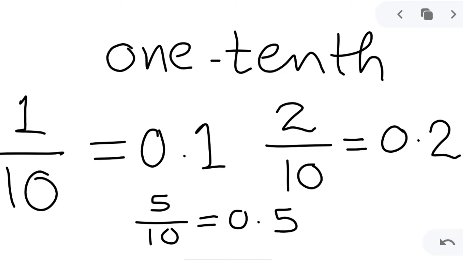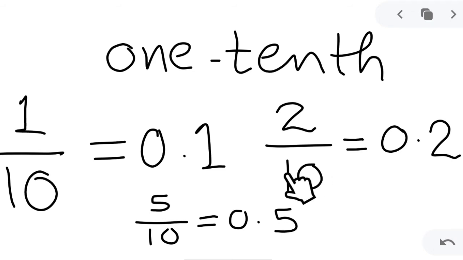Now what we have to see here is when we have 1 zero in the denominator, that means after this decimal point there should be only one number, and that number will be the numerator. Similarly, the case of 2 by 10, there is only 1 zero in the denominator, so after the decimal point there should be only one number, that is numerator.